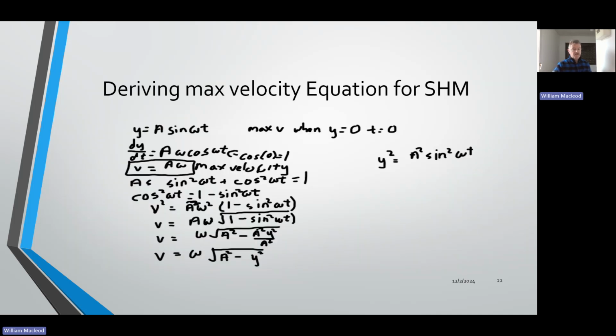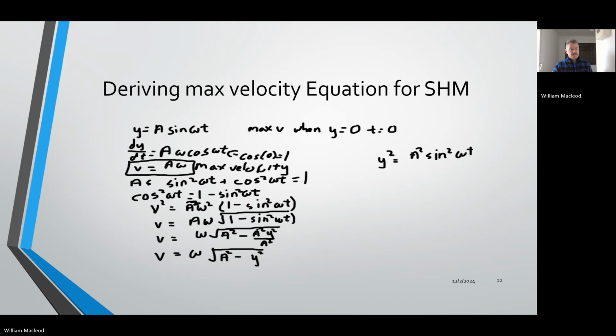In advanced higher physics, we need to know how to derive the equation for the maximum velocity for simple harmonic motion. So we've got y is equal to a sine omega t. At maximum velocity, y is equal to 0 when time is equal to 0.